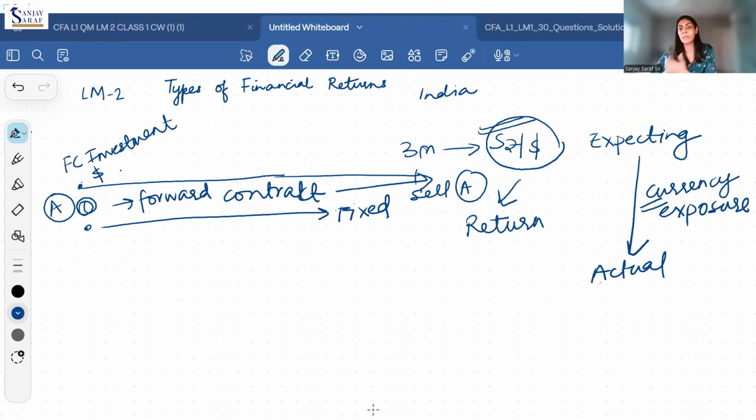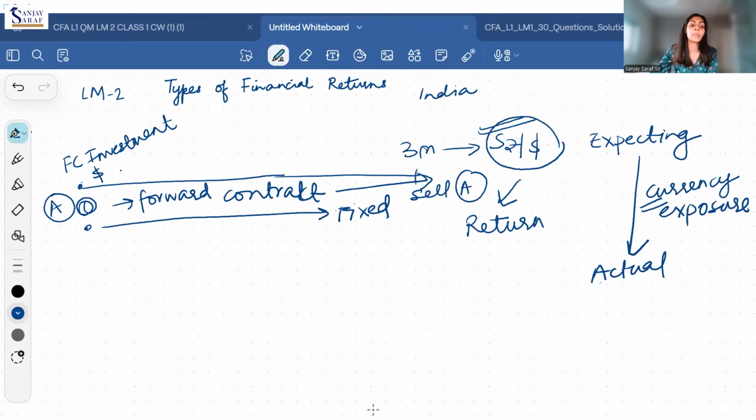Since my investment return will come in dollars, which means after 3 months I'll have to sell dollars and buy rupees, I will have an exposure to risk if I leave this position open. If I don't diversify, my return will depend upon what the rupee-dollar exchange rate is after 3 months. I don't want to take that risk. I want to be sure of what I am getting. I want to remove that uncertainty being caused by currency.